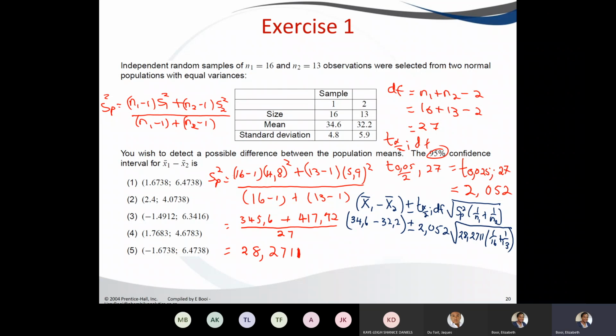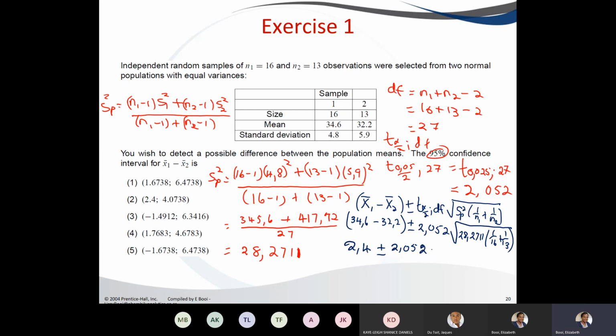And solving this, I didn't get that far yet. 34.6 minus 32.2 gives us 2.4. So on this side we get 2.4 plus or minus 2,052.